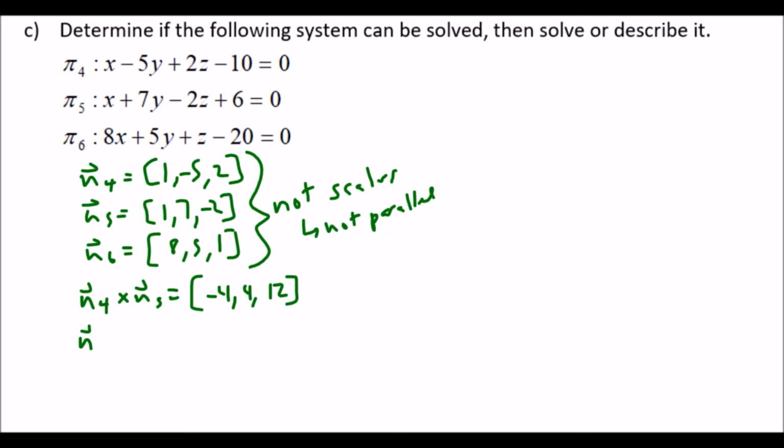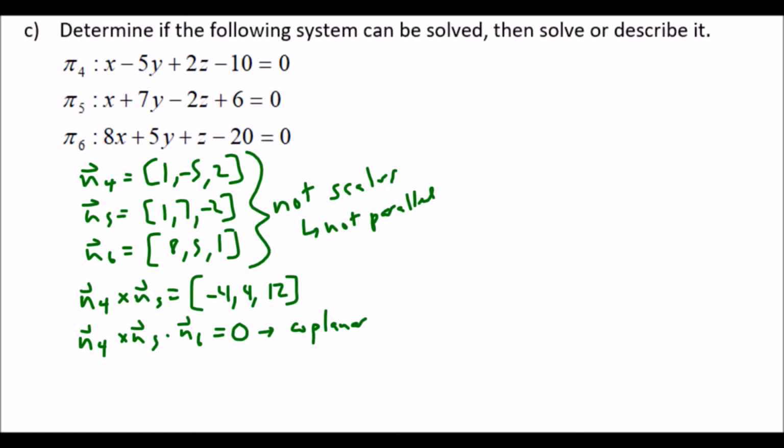And I'm going to dot N4 cross N5 with N6. If I do this, I get 0. What does that mean? That means they are coplanar.